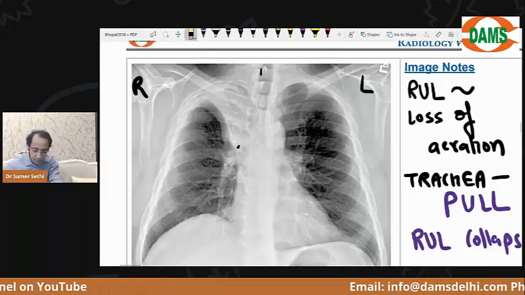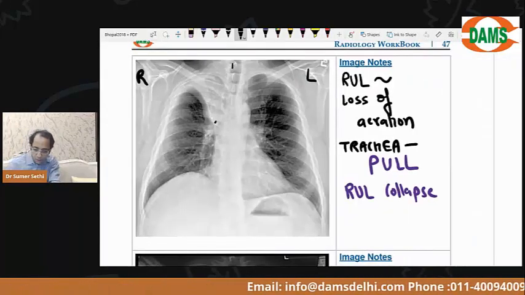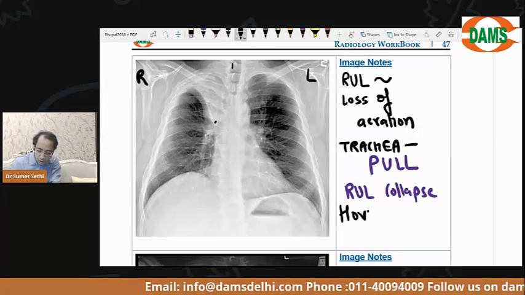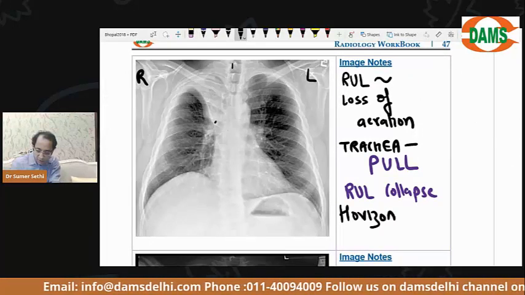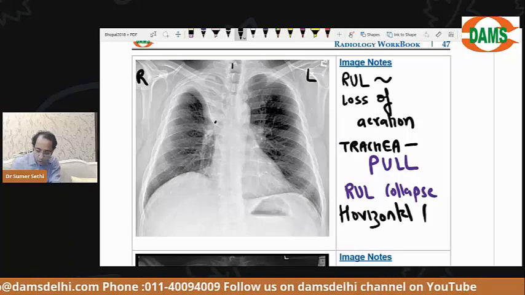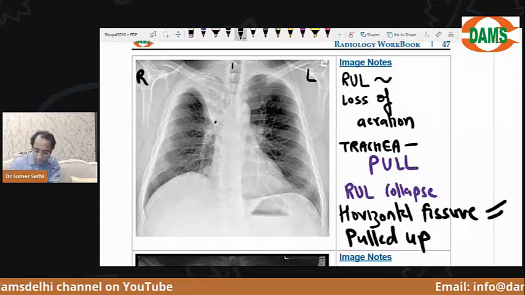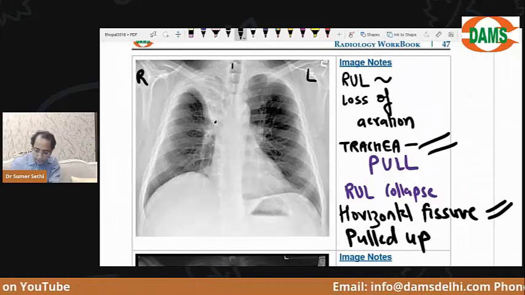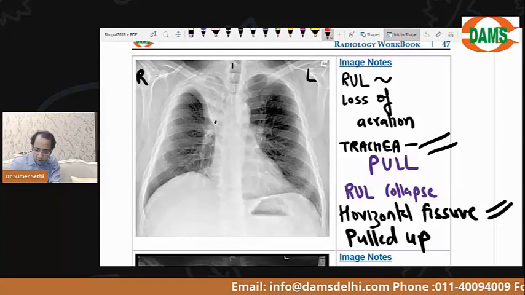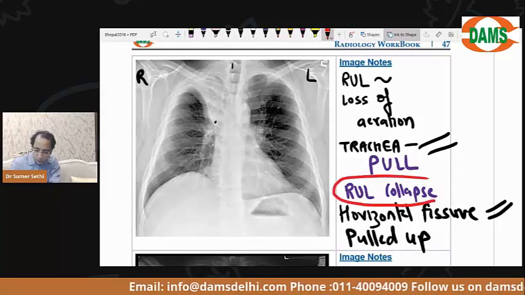That means the horizontal fissure also is pulled up. This is a case of right upper lobe collapse.